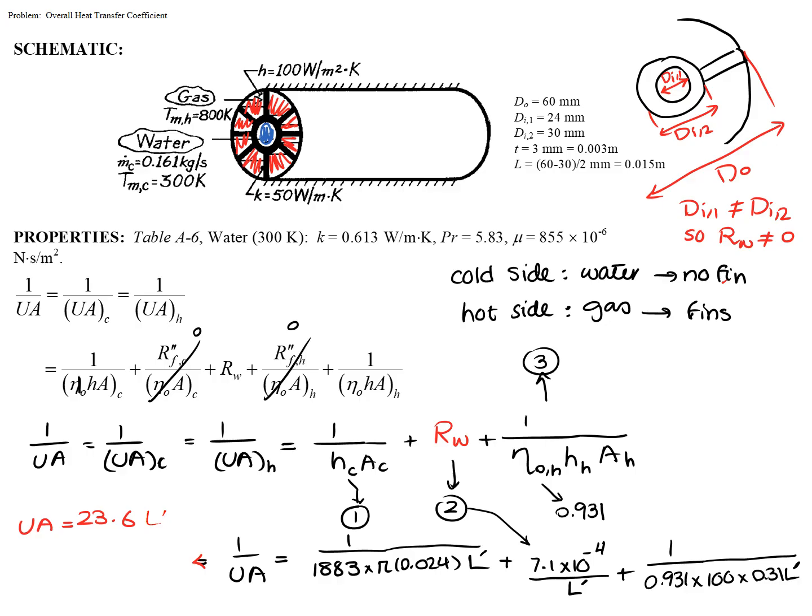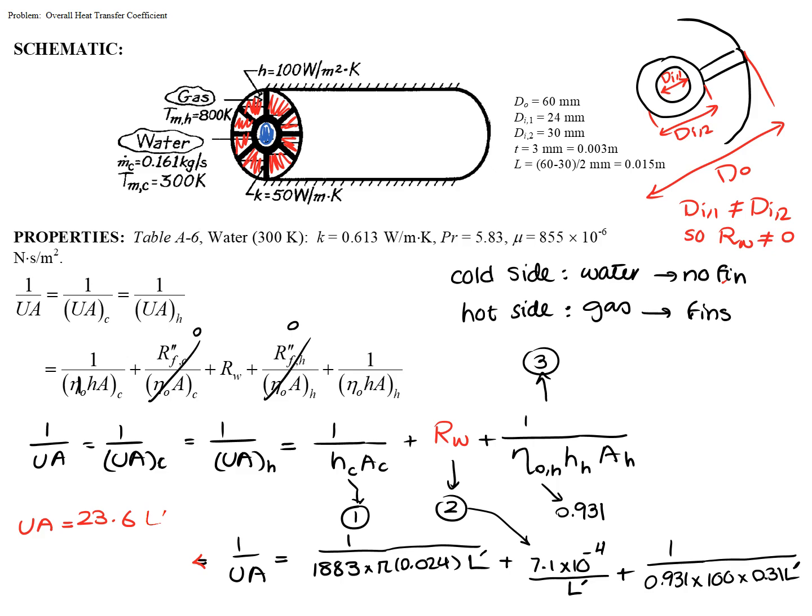So we will be able to calculate a couple of things. One is the heat transfer coefficient HC on the cold side that we are going to calculate as 1883. We're also going to calculate what the resistance for the tube wall is, and we're also going to calculate the total area on the hot gases and the overall heat transfer coefficient on the hot gases.